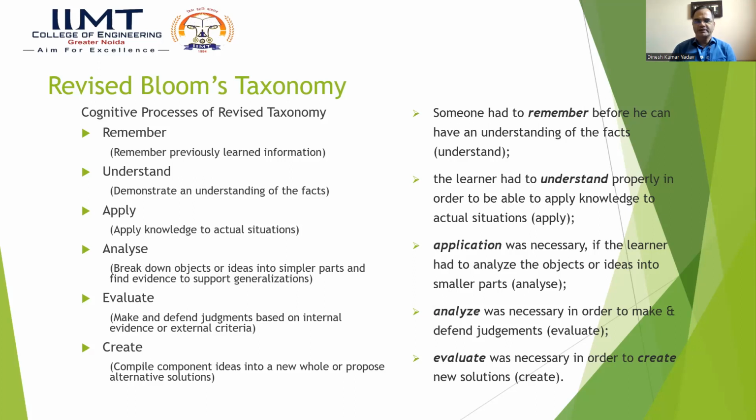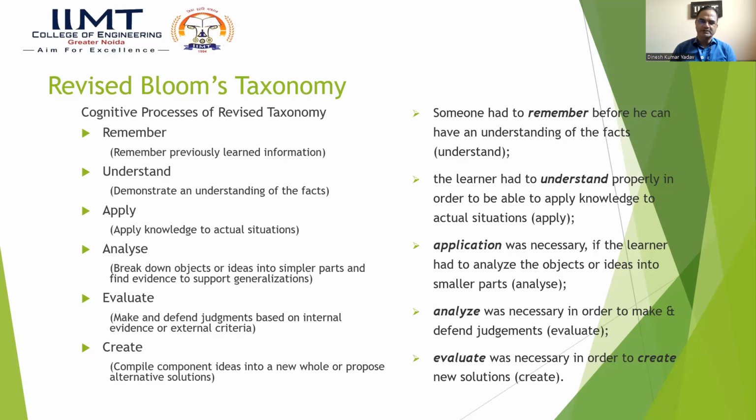So if I give an example of these 2 levels, let's say a learner was given a task to remember the definition of K-map, the definition of truth table, the definition of Boolean expressions. So he has learned whatever he finds in the textbook. So now he remembered the definition of these 3 things, the Boolean expression, the truth table, and the K-map.